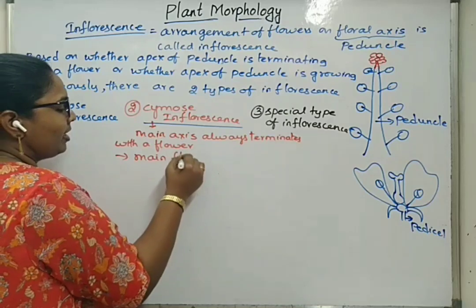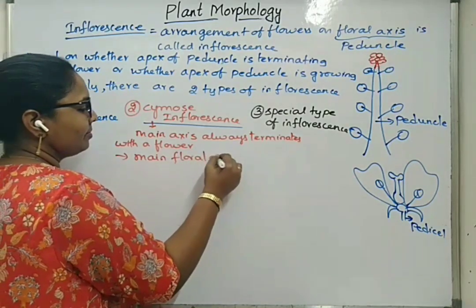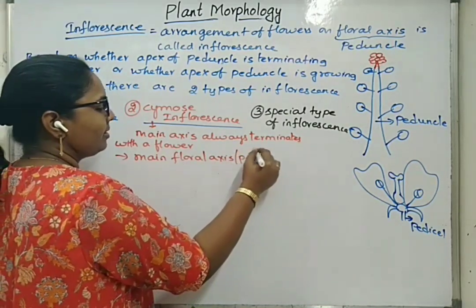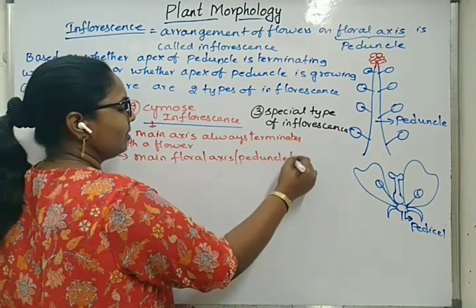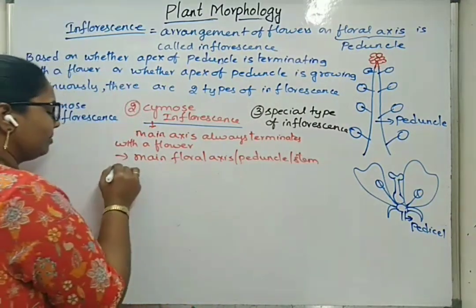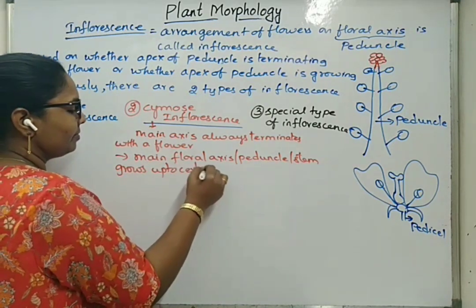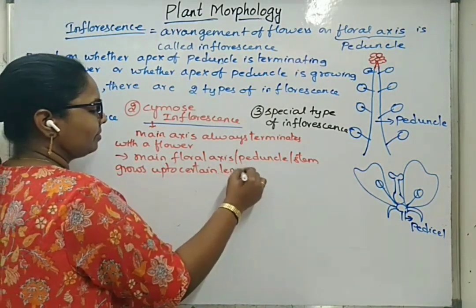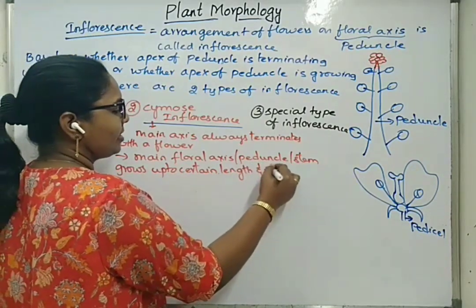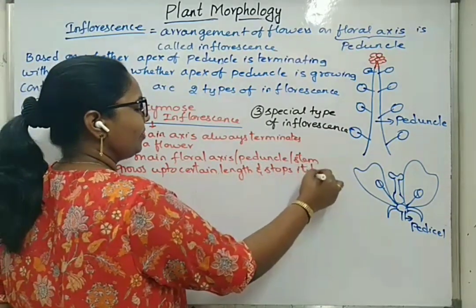Main floral axis or peduncle or stem grows up to certain length and stops its further growth.